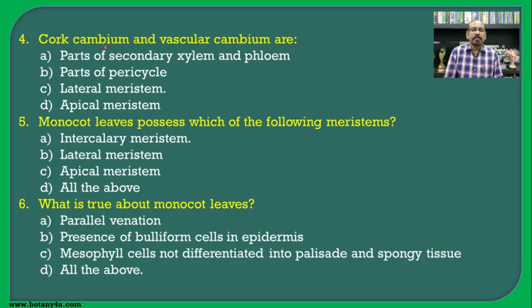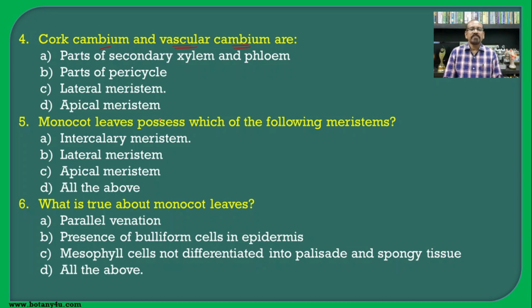Then cork cambium and vascular cambium are: I have already told you that the cork cambium is responsible for the formation of the periderm, and the vascular cambium is responsible for the addition of new tissues in the form of secondary phloem and secondary xylem.